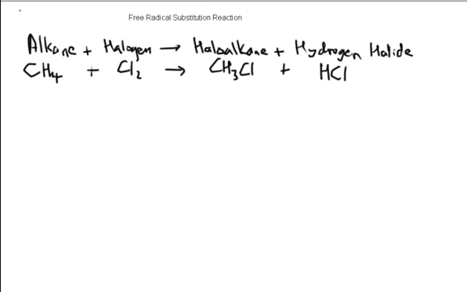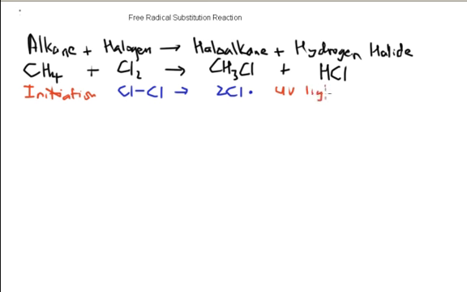Now the first part of the process is the initiation. Now this is when the chlorine molecule breaks into two separate chlorine free radicals, and that's where the UV light shines onto the bond.